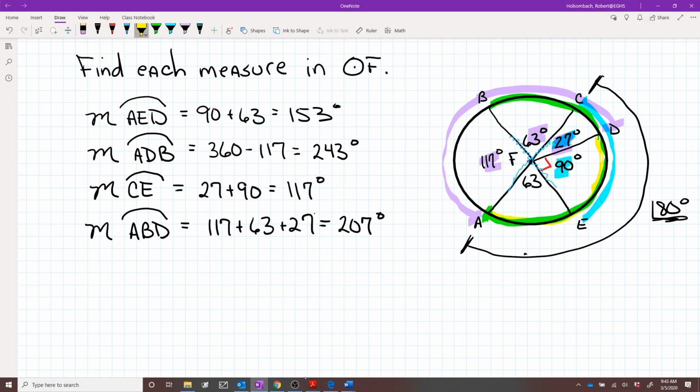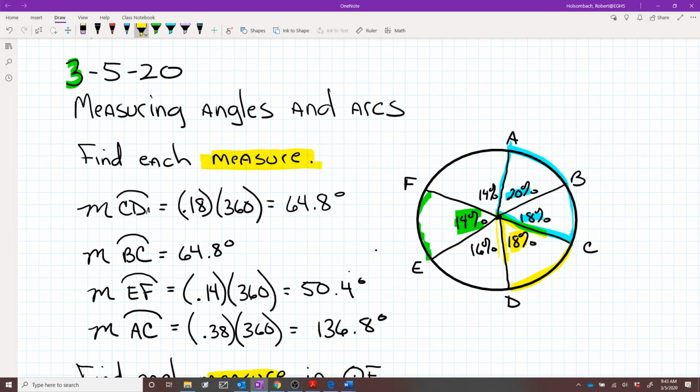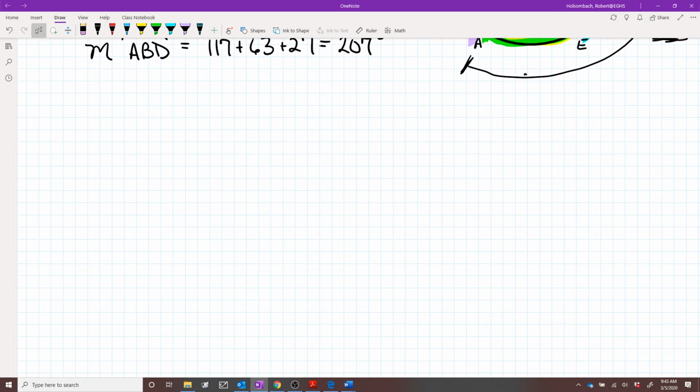Now here, look, so far today we were finding each measure, and before that, we were finding each measure. And now we're doing something a little bit different. Top of page 709. Finding an arc length.